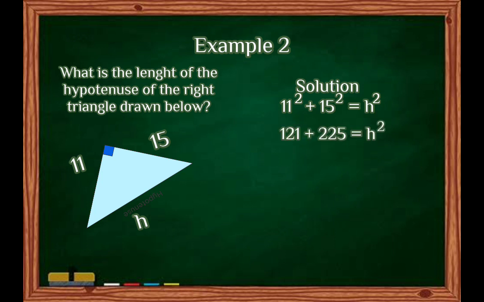So, 121 plus 225 is equal to h squared. 346 is equal to h squared. h is equal to the square root of 346. So, h equals the square root of 346, which is approximately 18.60.